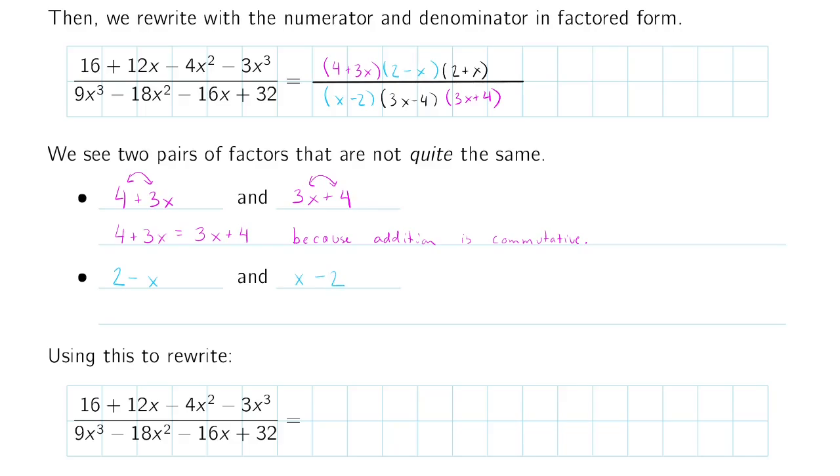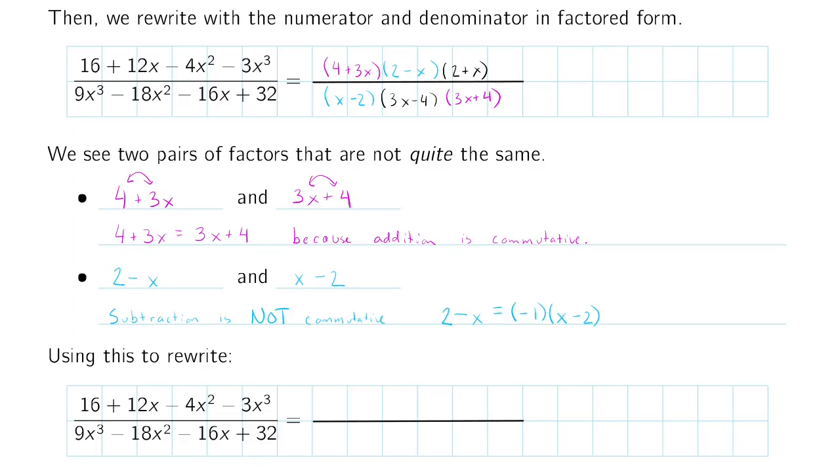Now subtraction is not commutative, but we know that reversing the order of subtraction just reverses the sign of the result. 2 minus x is not equal to x minus 2, but it is equal to the opposite of x minus 2. So that gives us a way to actually get an x minus 2 to match up between the numerator and the denominator. Let's put that into practice.